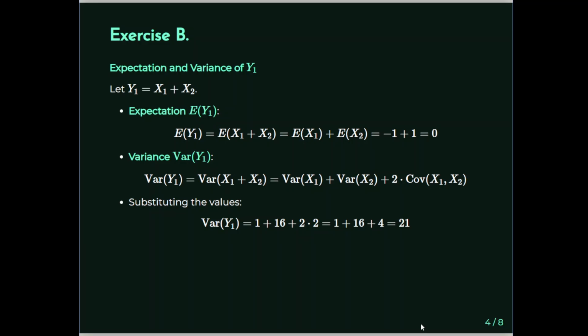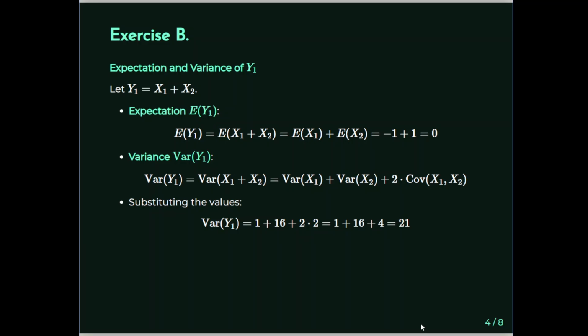When we're adding two variables and we want the variance of the sum, we use this formula. The variance of y1 is equal to the variance of x1 plus x2. This is the important bit: that is equal to the variance of x1 plus the variance of x2 on their own, plus 2 times the covariance of x1, x2.